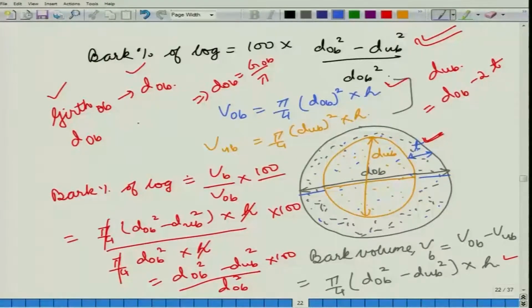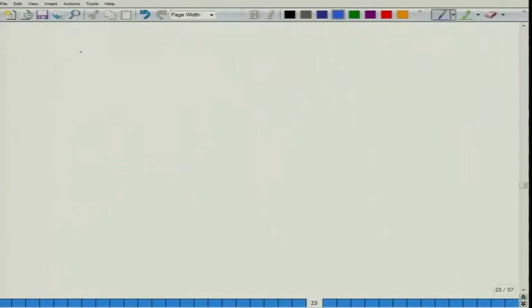So, the diameter under bark plus twice the thickness becomes the diameter over bark. If we wanted diameter under bark, we would get it from this equation. If we were able to measure this T, we would be able to get the diameter under bark. So, how do we measure this thickness T?